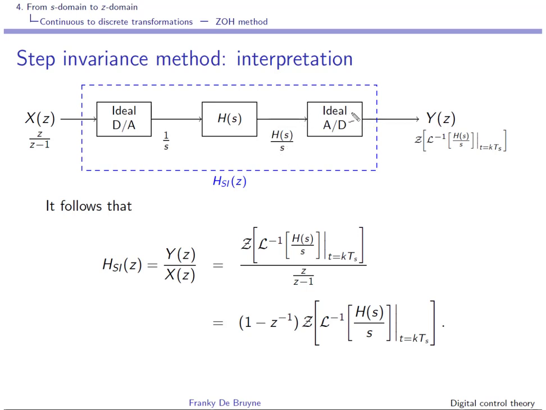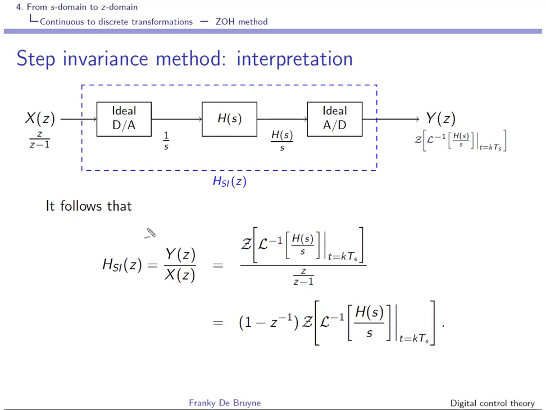If you go through an ideal analog to digital conversion, what you obtain is the continuous time signal, which is the inverse Laplace transform of H of S divided by S, evaluated at t equal to kTs, and Y of z is then the z transform of that discrete time sequence.